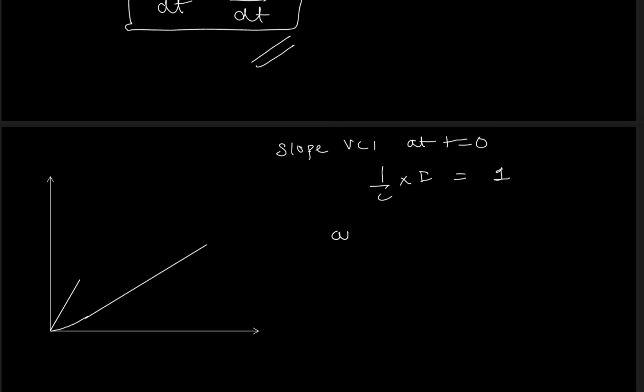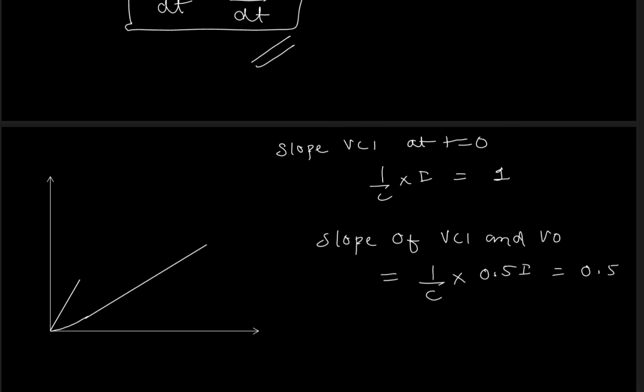So at last the slope of VC1 and VC0 was the same, that was 1 by C into I, that was 0.5. So at last both slopes were the same. Okay, so this was the graph. So this is VC1 and this is VC0.